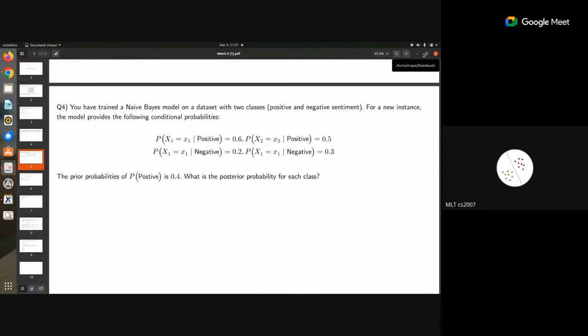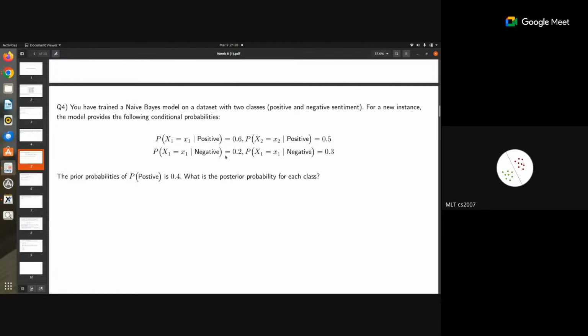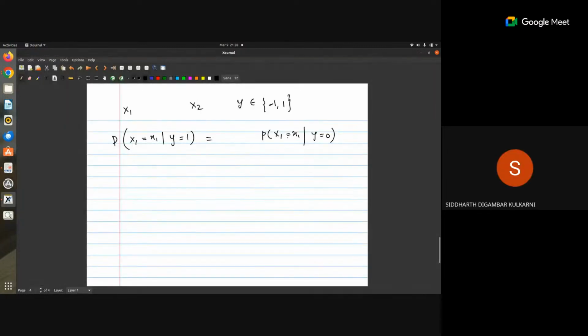What is given to me is the probability that x1 equals x1 given that y equals plus 1, and the probability that x1 equals x1 given that y equals 0. What are these probabilities? Can you just tell me? About x2: the probability 0.6 and 0.2. Just a minute.